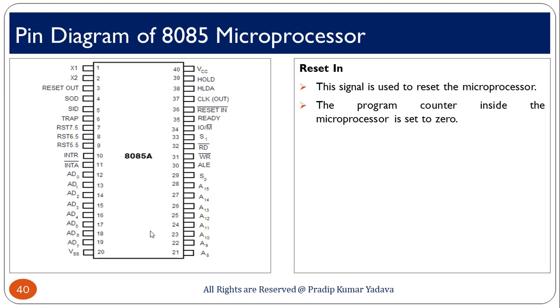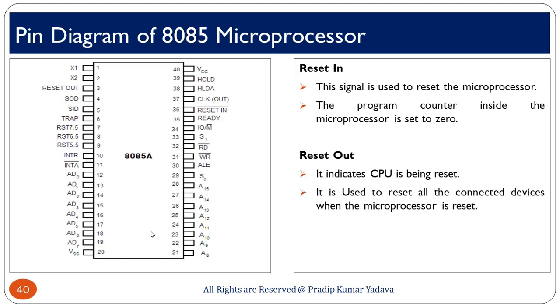When you are going to work on the microprocessor, firstly you have to initialize the value of the program counter, then you can write a program and execute it. For example, if you are going to write a program from memory location 2000, then 2000 will be the value of the program counter.